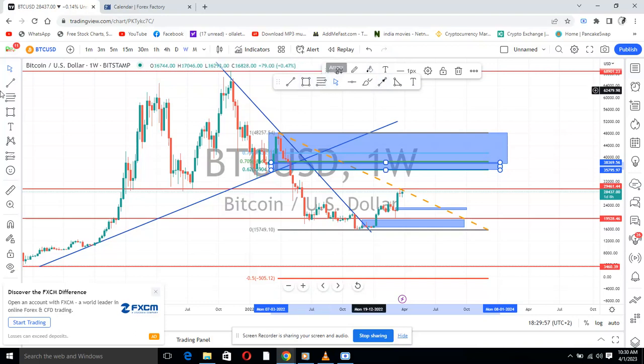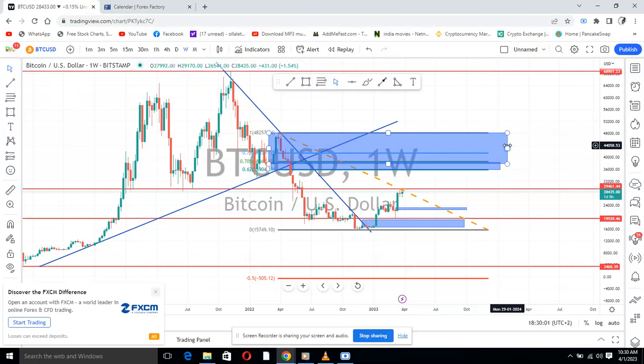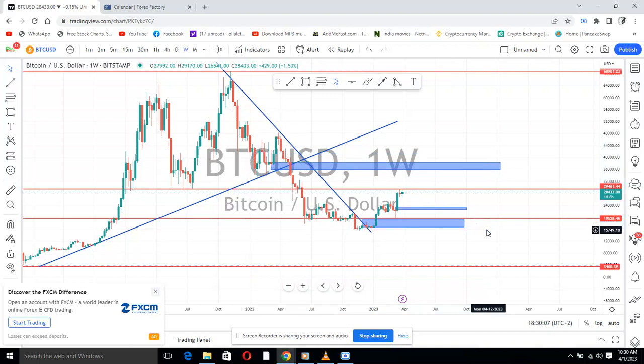Is this valid for a Bitcoin short? If you are looking for an opportunity to short Bitcoin, let me remove this one now, because we have spoiled this one. This particular zone, you can still mark as your Bitcoin short area.